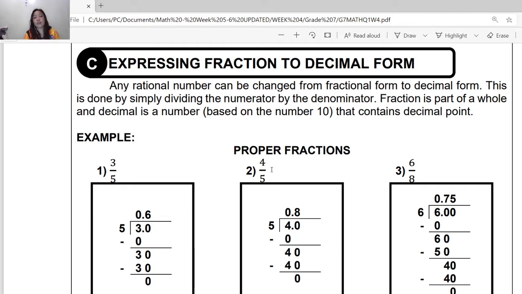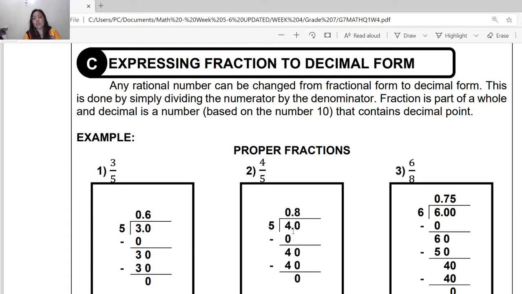So we have here 4 over 5. 4 divided by 5 cannot be done, so that's why we have 0. And since this is smaller than this one, we add the decimal point and add 0 so that you can divide this by 5.